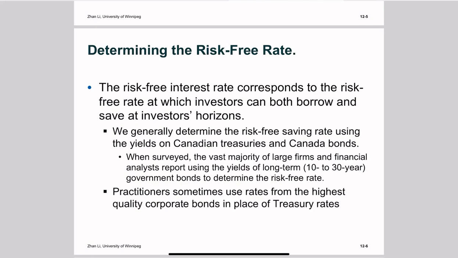Now, how do you get the 10-year risk-free rate? One potential candidate is the Canada government bond. It's a debt issued by the Canadian government, so it is considered almost risk-free.